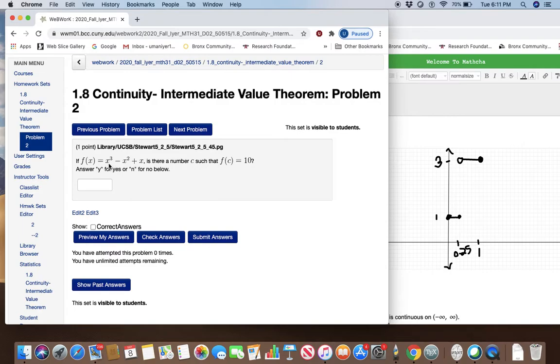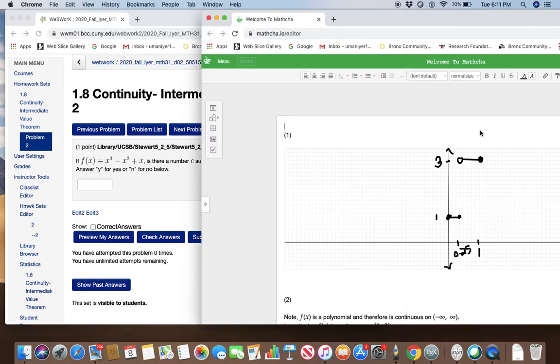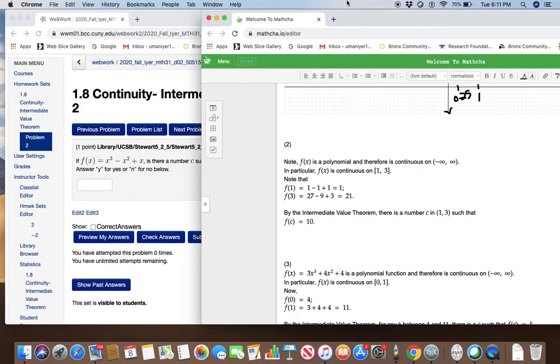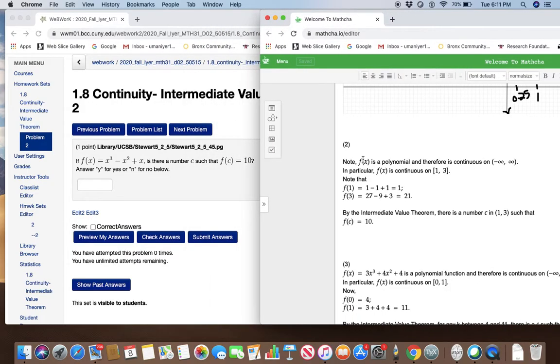If f(x) is x cubed minus x squared plus x, is there a number c such that f of c equals 10? Okay. f(x) equals x cubed minus x squared plus x is a polynomial, and polynomial functions are continuous on the entire real number line, negative infinity to infinity.